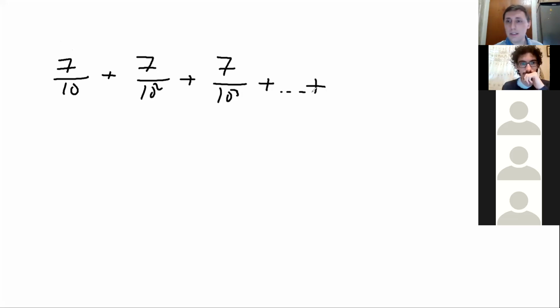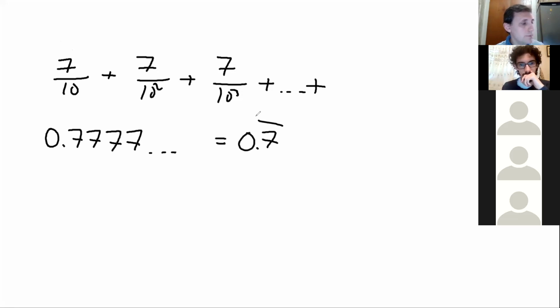What is this equal to? So I have here 0.7777 forever. You can write it as 0.7 with a bar, so the 7 is repeated. What is that sum equal to, please?